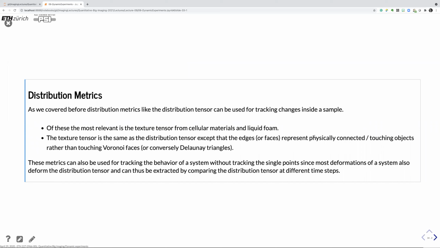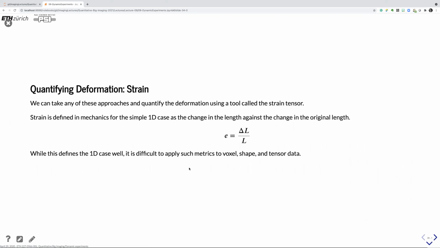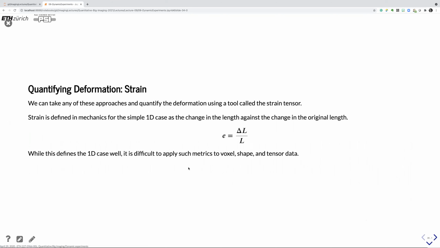So the texture tensor is something that is similar to, what's it called, structure tensor, but it's actually looking at different objects, how they are related to each other, and that can be used also for seeing how things are distributed over time. Usually we have to define which metrics we want to look at, but this is one of them. Yeah, sorry for a little bit confusing description here.